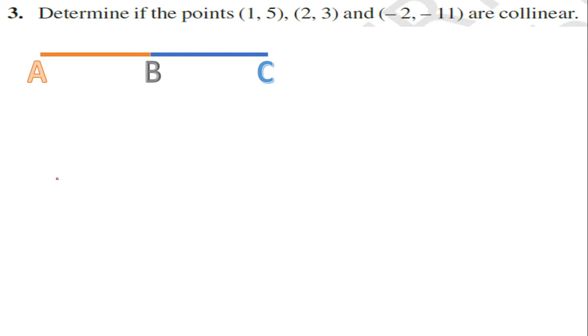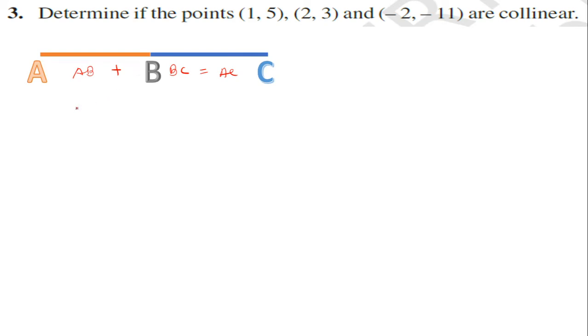So here AB plus BC is equal to AC. The distance of A and B plus the distance of B and C will give you the distance between A and C.